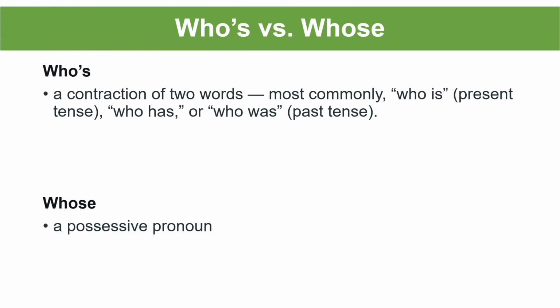If you're combining a verb with the word who, it's appropriate to use who's, so who apostrophe s. And remember, when you're writing, you have to sound out the words. So, who's coming for dinner? Who is coming for dinner?